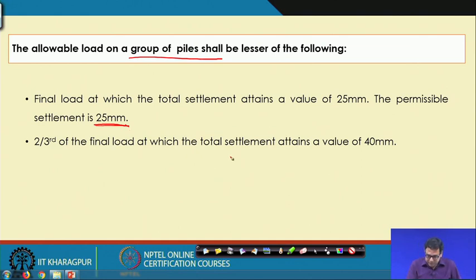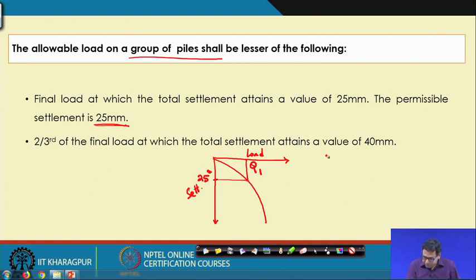Suppose you have a load versus settlement curve, and this is 25 millimeter. So, this is Q1.